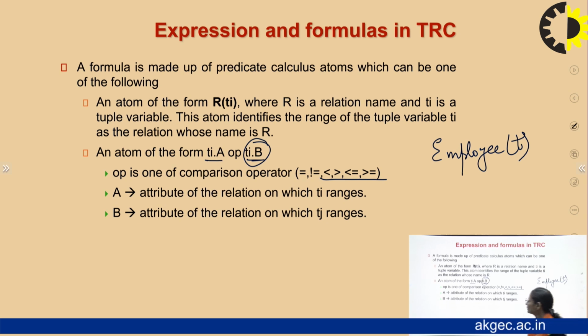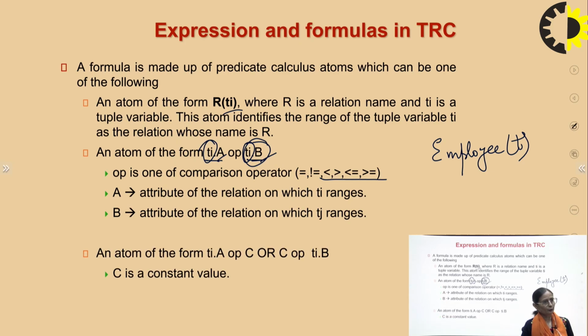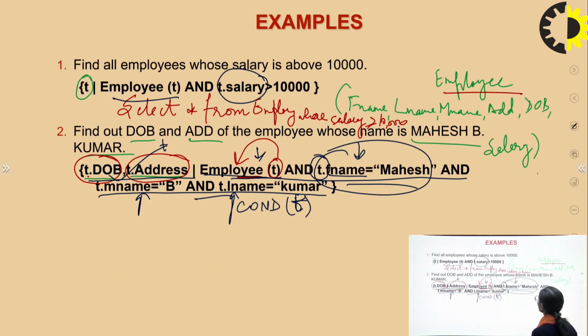In this case both A and B correspond to the same relation, as we have seen here. It could be from different relations also. We will see such examples later on. And an atom of the form Ti.A op constant, as we have seen in this example, constant.